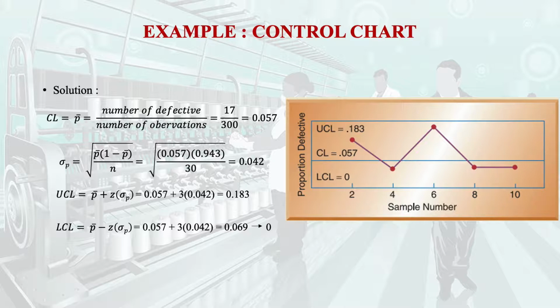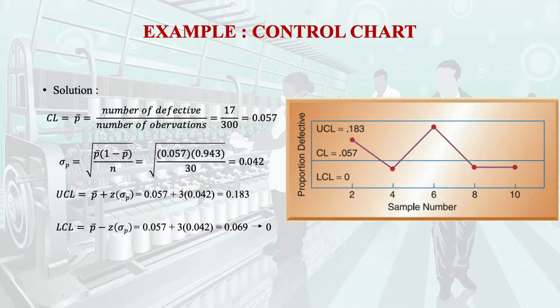You have a lower control limit, you have a central line, you have an upper control limit. If I define the P chart for you, you will find that all the points on the line are within the lower control limit and upper control limit.